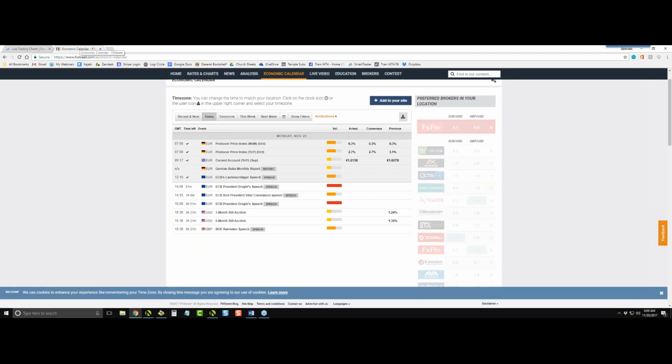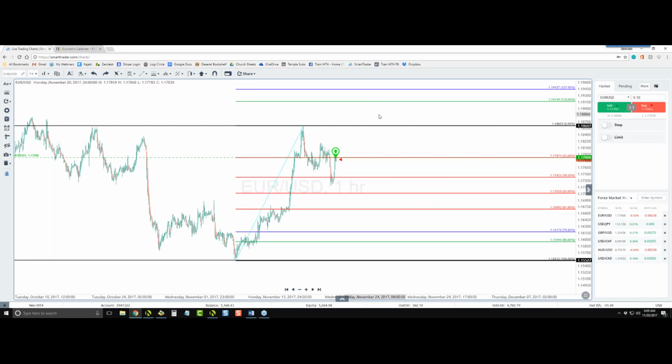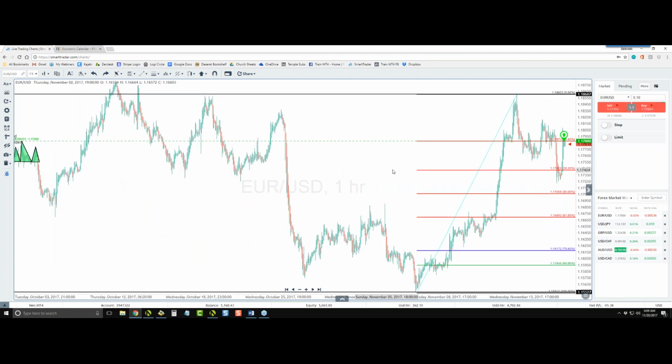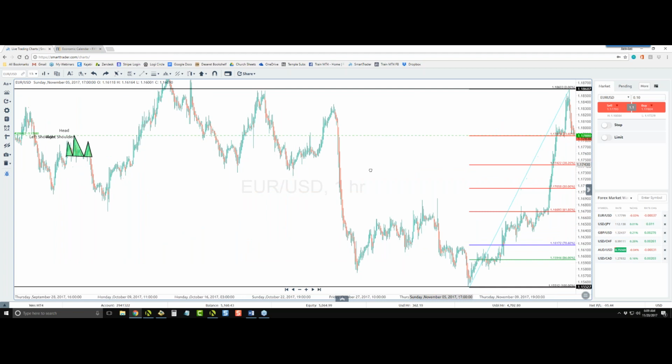I also went to FX Street's economic calendar to make sure I wasn't trying to plan out a trade on something that was about to take a dive, which would really suck. So this morning I focused a lot on the Euro US dollar.